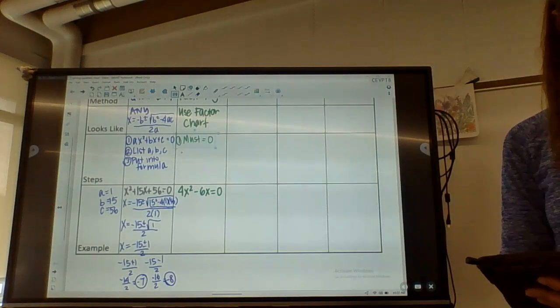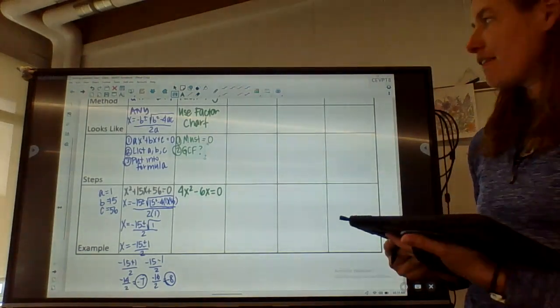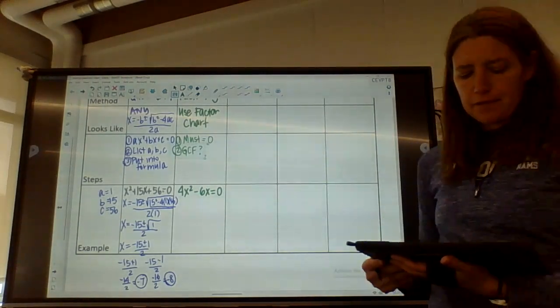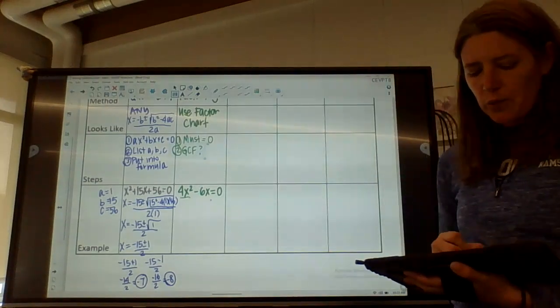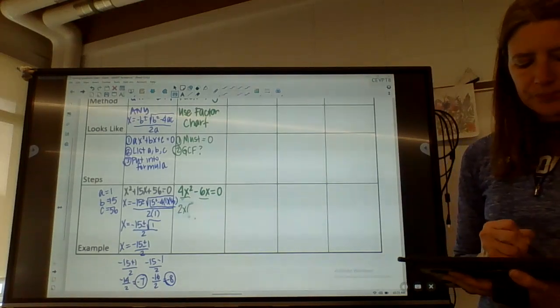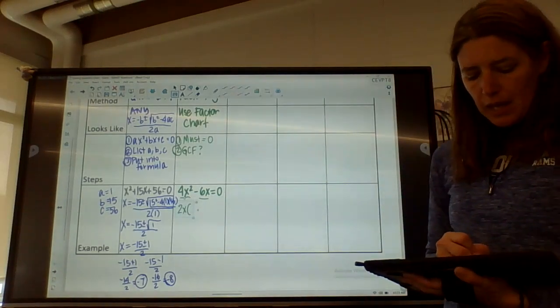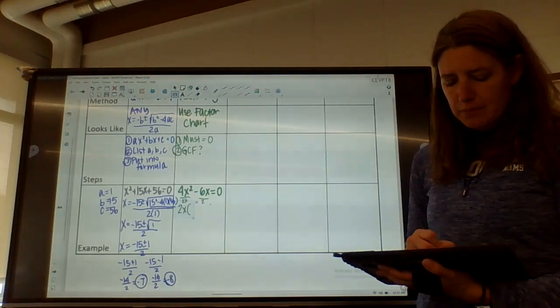And we always want to check for a GCF first. And this one happens to have a GCF. So between 4x squared and 6x, I can take out a 2x. I'm going to divide that out of each of those terms. And I'm going to be left with 2x minus 3.